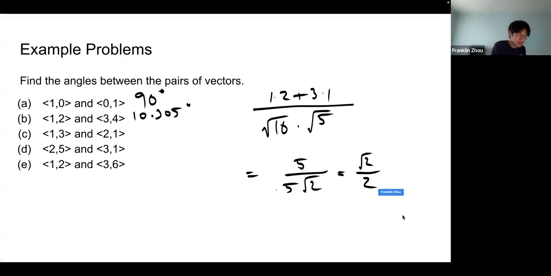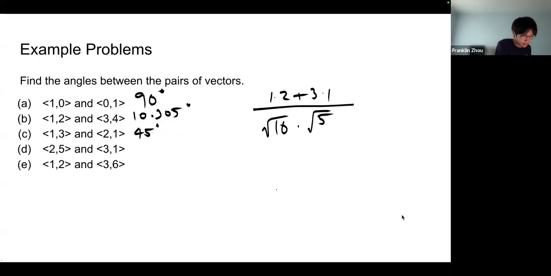Some of you might recognize that this means it's 45 degrees. So it's actually exactly 45 degrees, and we don't have random decimals or whatever. This is pretty standard.